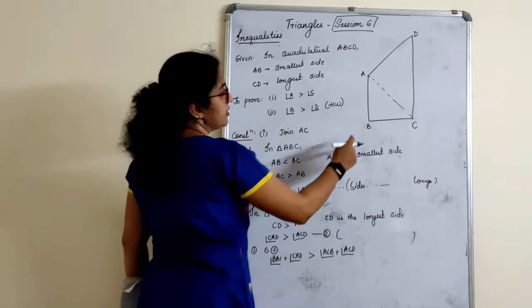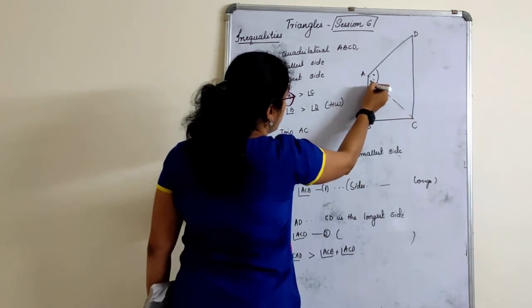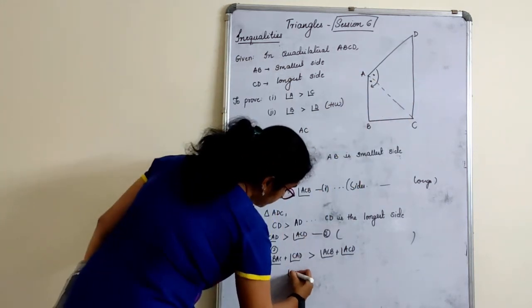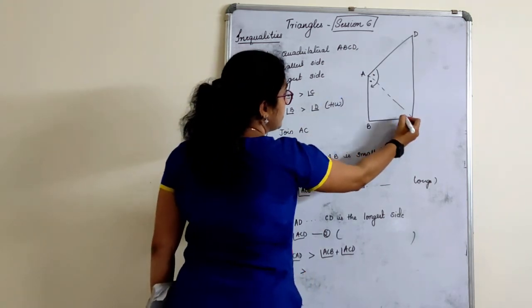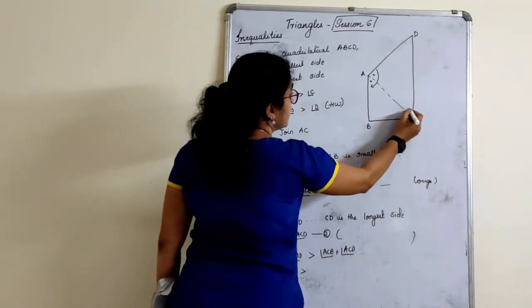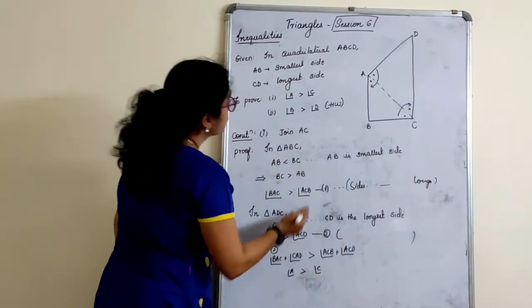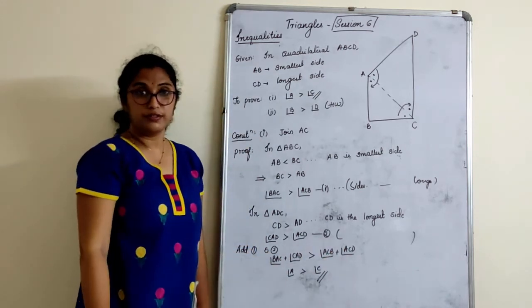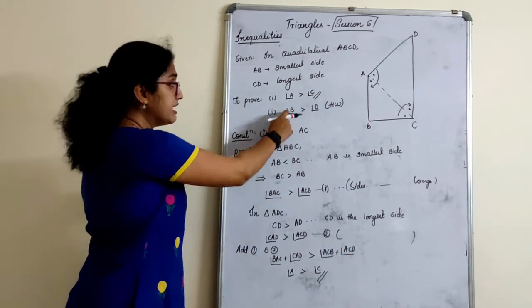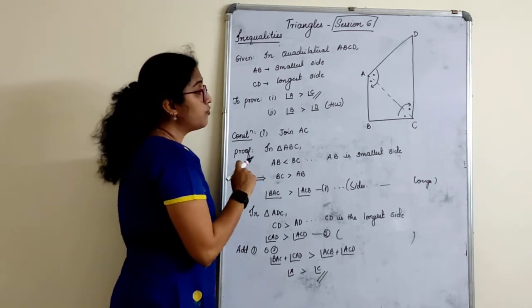BAC plus CAD is whole angle A, greater than ACB plus ACD, which is whole angle C. Hence proved, right?